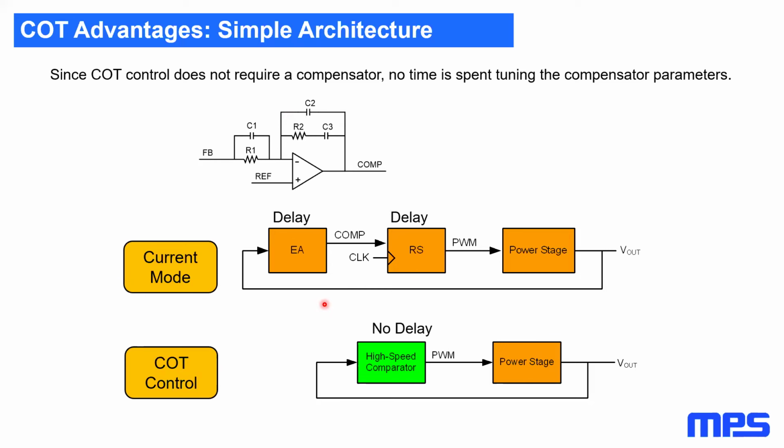But this also reduces the time that we spend designing our control loop. It simplifies the design because I'm sure many of you are familiar with the time it takes when you're testing and simulating, or testing on the board, modifying and testing different values for these resistors and capacitors, which is a very time-consuming process. So in constant on-time control, we only have our high-speed comparator, and that directly goes into generating the PWM signal.